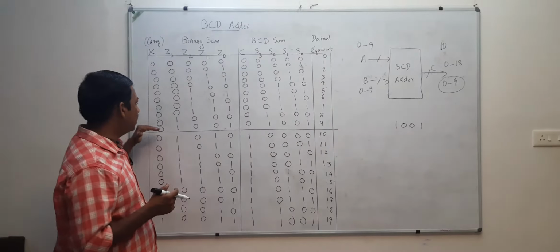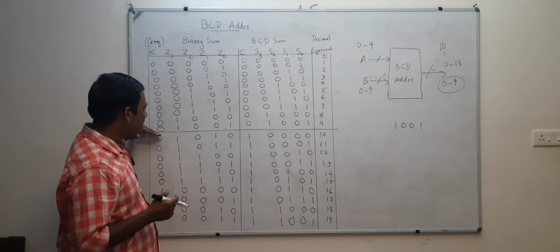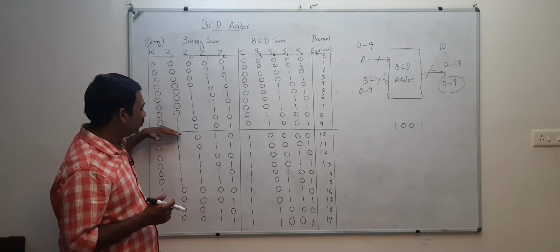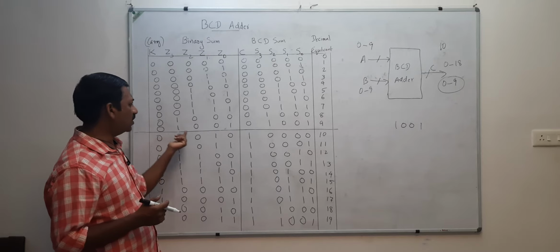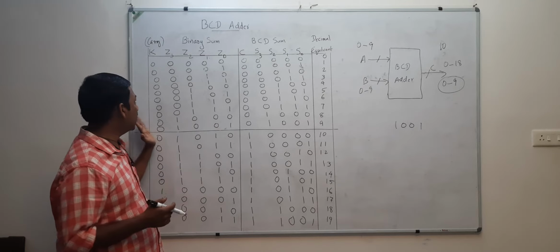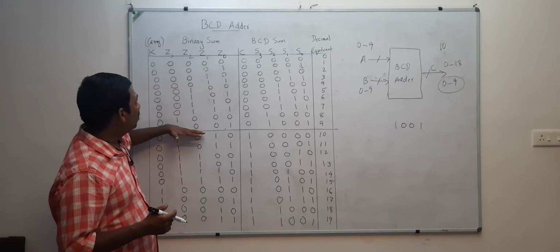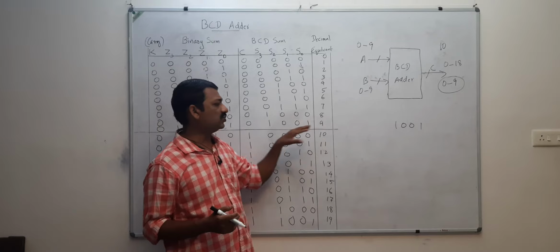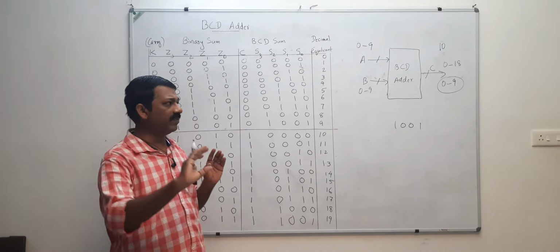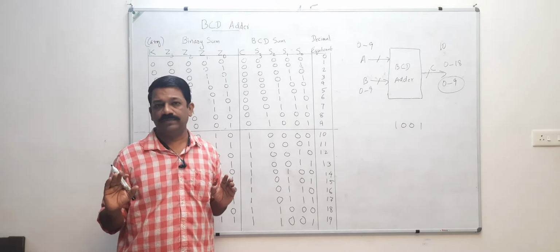If the result is up to 9, or 0 1 0 0 1, with the carry generated also 0, there is no need for any adjustment, simply bypass that result to the output.